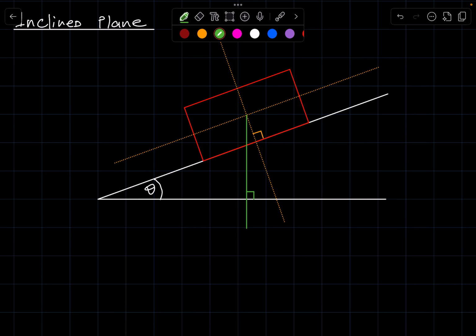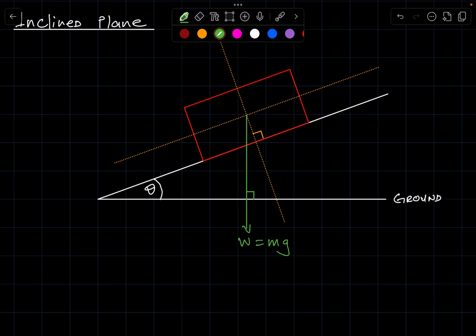Right, remember this here is now the ground, and that's the inclined plane. So you will have the weight being perpendicular to the ground, so that's the weight.